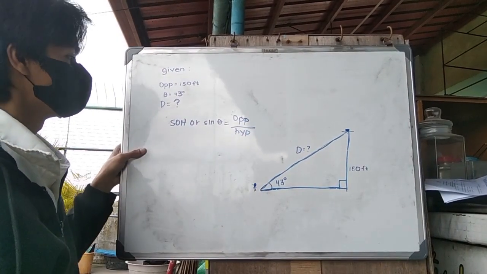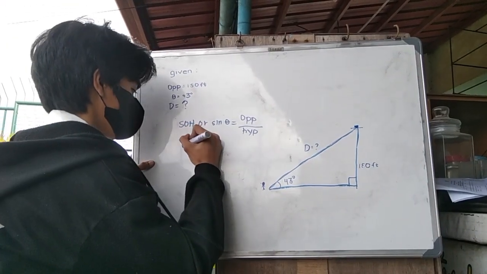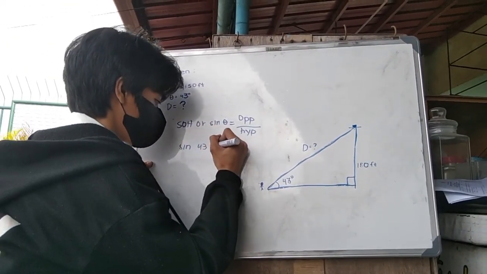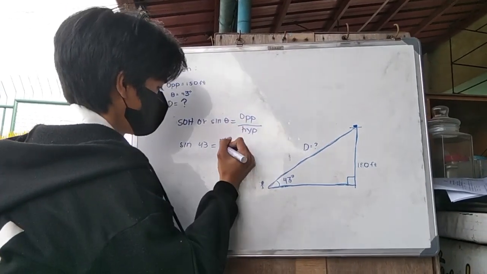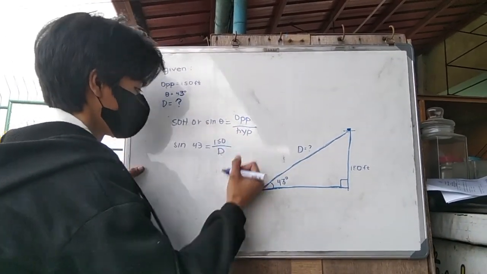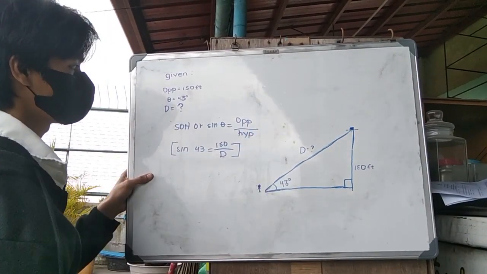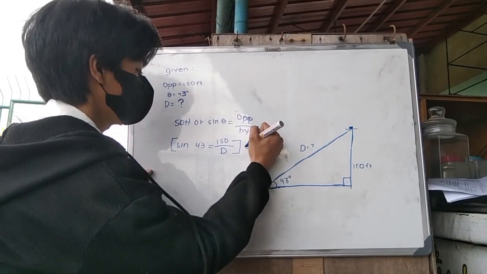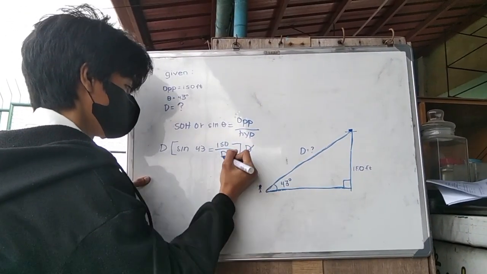Now we substitute the given: sine 43 degrees equals 150 feet over the distance. After this, we multiply both sides by d and cancel.